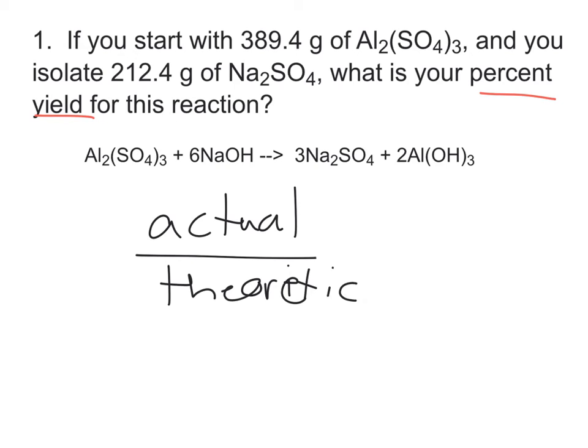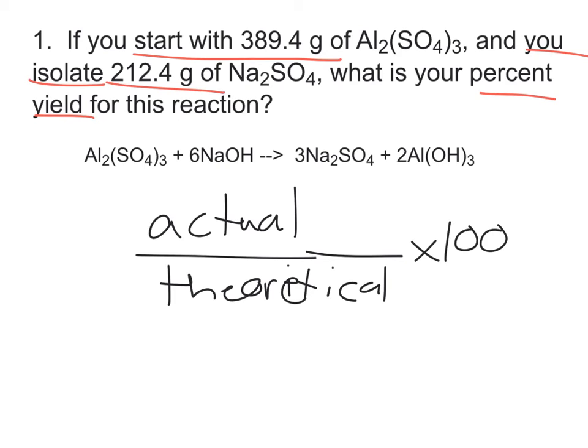There it is. And you're going to be multiplying that times 100. Okay, so looking through this equation, start with, okay, this is not one of the 2 numbers, the actual or the theoretical. This is a starting point that we have to convert. All right, the other number they gave us, you isolate this.